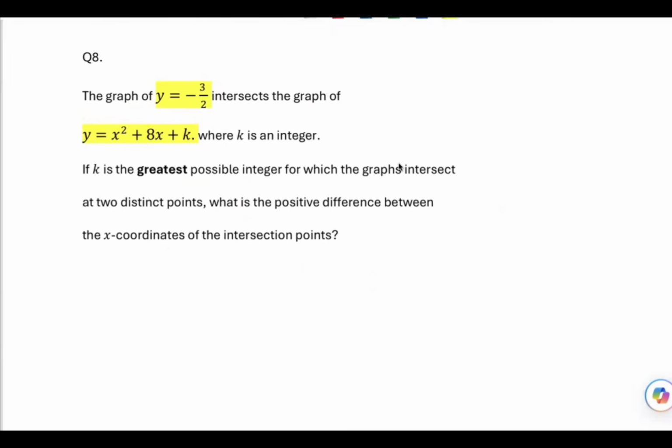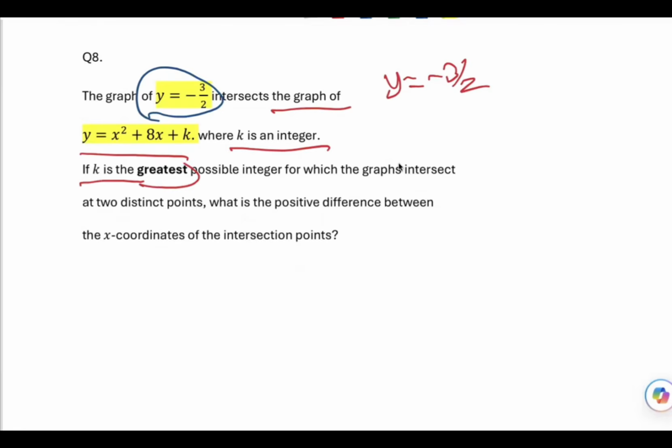Question 8. This is also a very interesting question, and as you can see, it's something the SAT loves to ask you. Therefore, be comfortable. Don't worry. This is an expression giving y is equal to what? Minus 3 over 2. Intersect the graph at this point, where k is an integer.